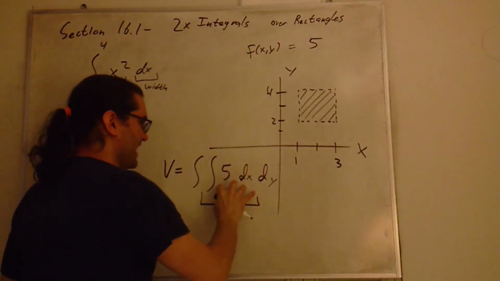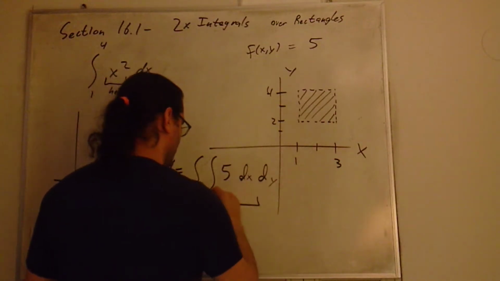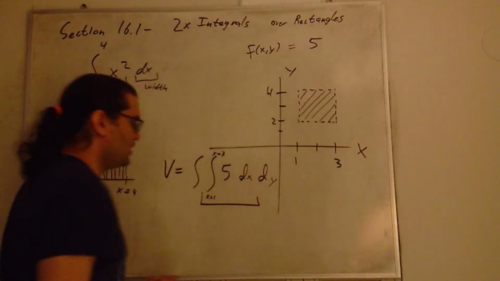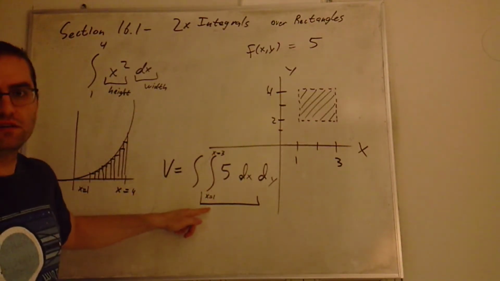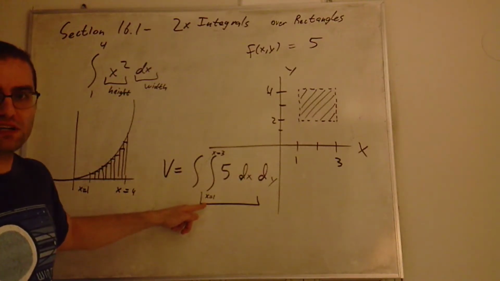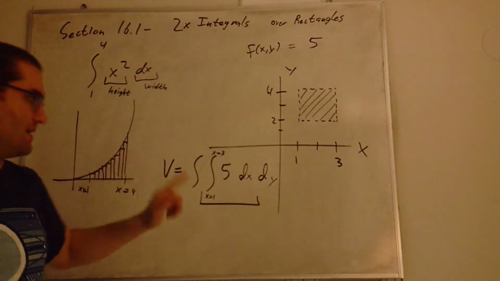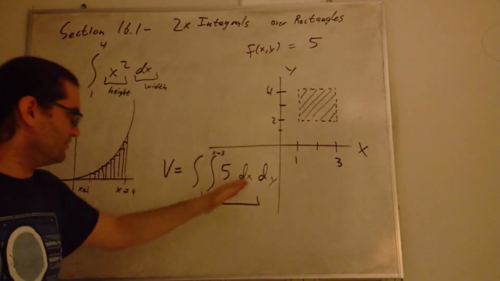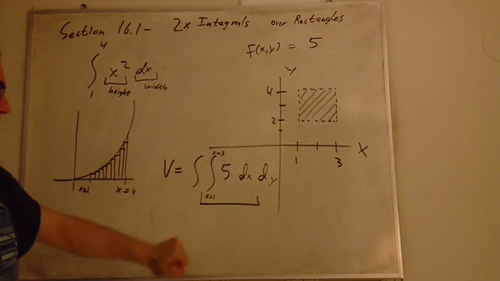So if this is the x integral, it needs the x bounds. So x here is going from 1 to 3. You don't have to write the x's here. In fact, the book does not. If the book was writing this, it would just put a 1 here and a 3 here. I like to write the x's because it helps me establish that this integral is for this d, and there's no way I can get myself mixed up.